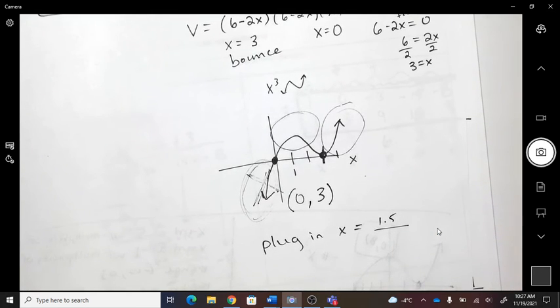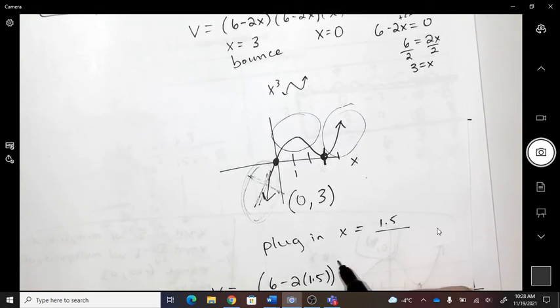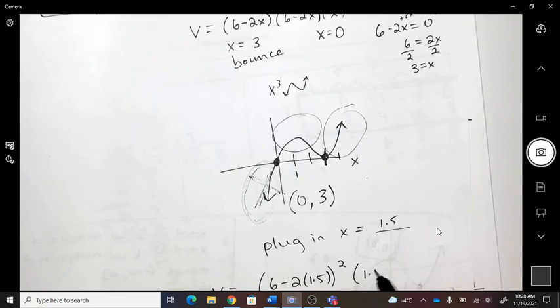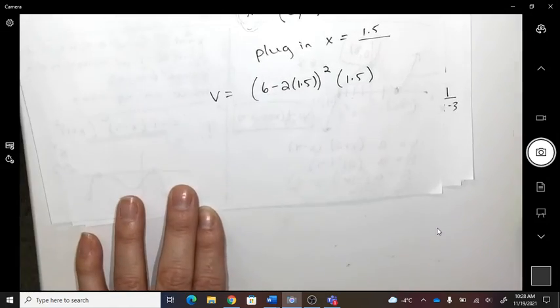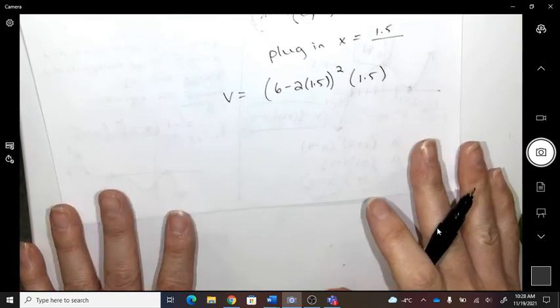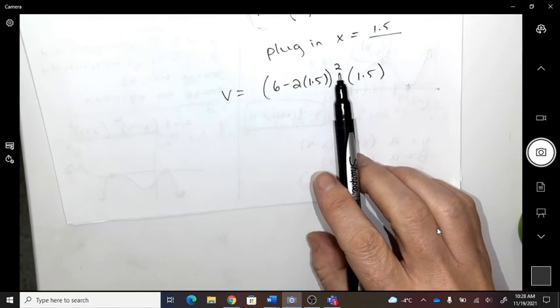Some of you might plug in a few things and get a different answer, it's an estimate question. Everybody see why I'm squaring that?